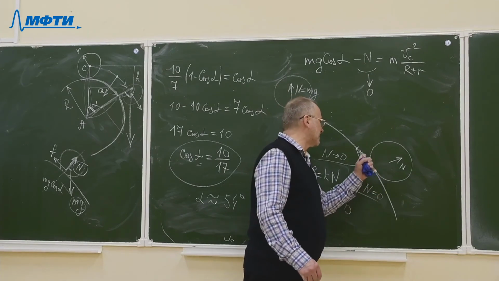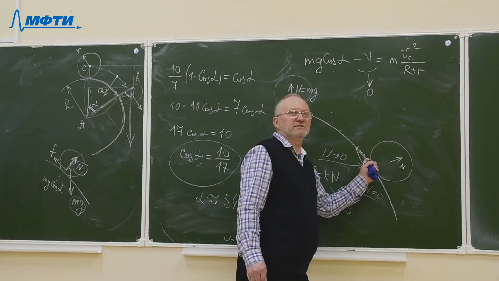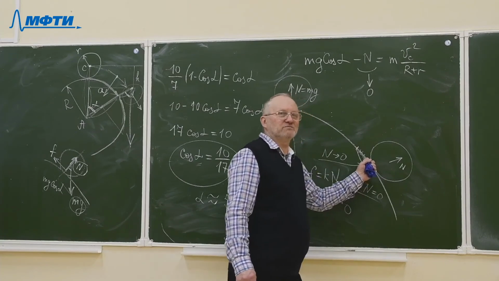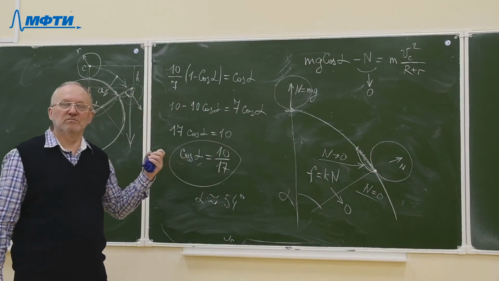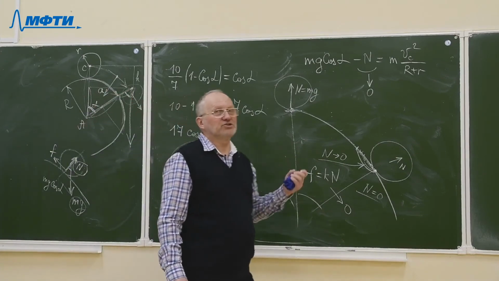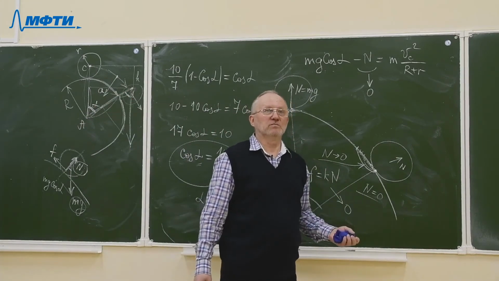If we take into account this slipping, then something will change in the solution of our problem. What will change? The law of conservation of energy will have a different form.